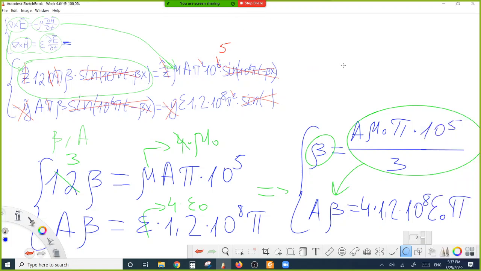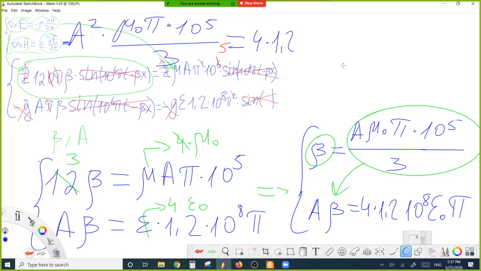So if we put this expression instead of beta, we have a squared multiplied by mu 0 p 10 to the power 5 over 3 is equal to 4 by 1.2 by 10 to the power 8 epsilon 0 p.